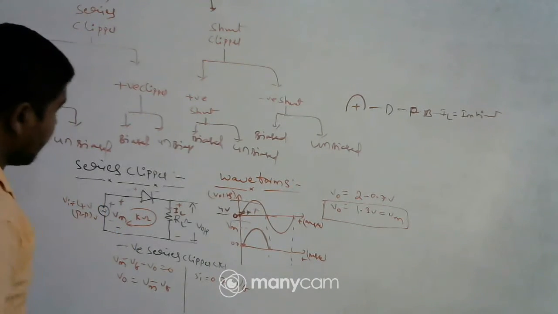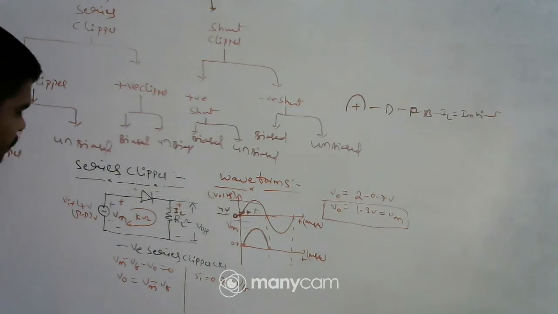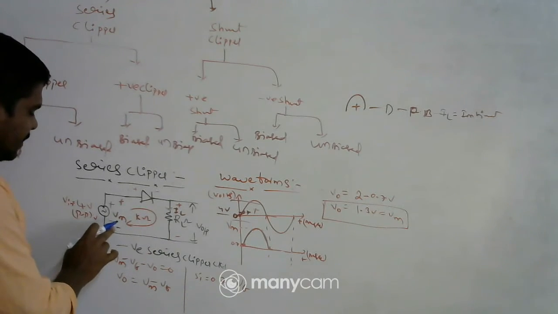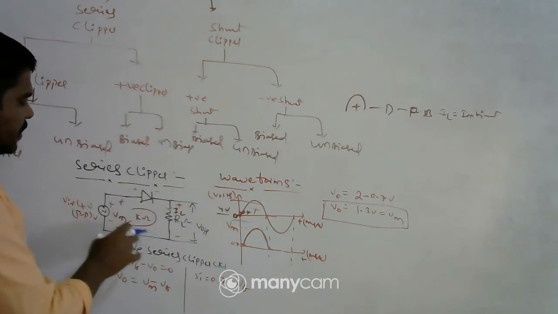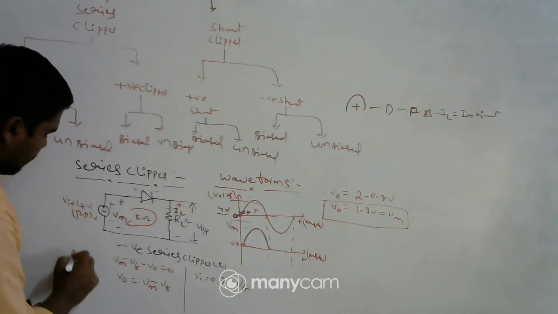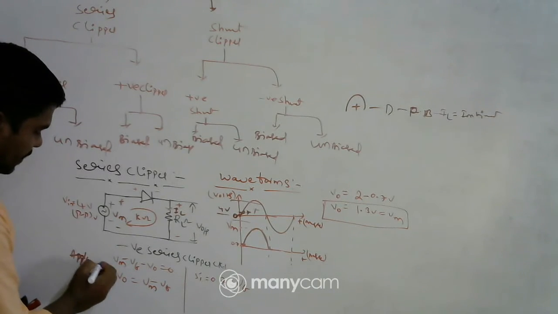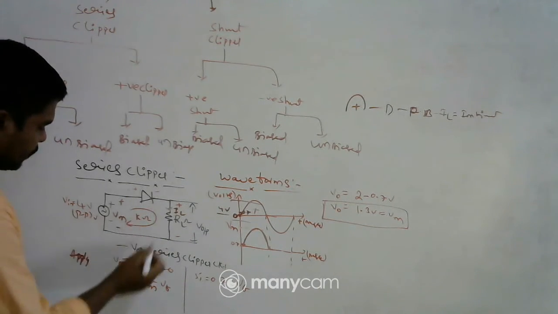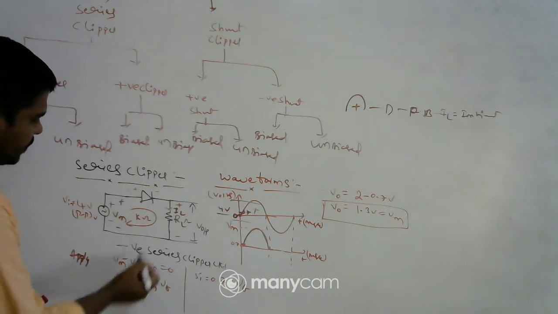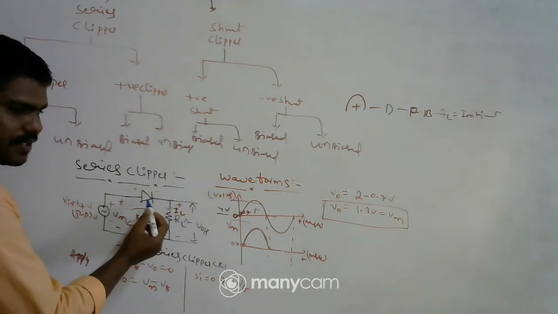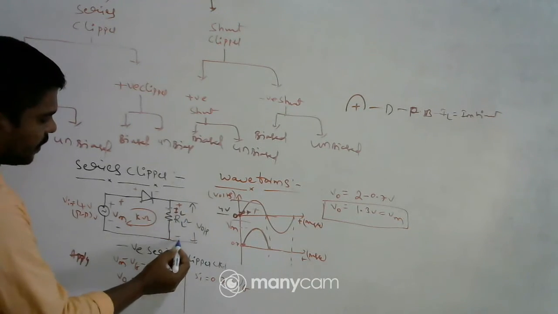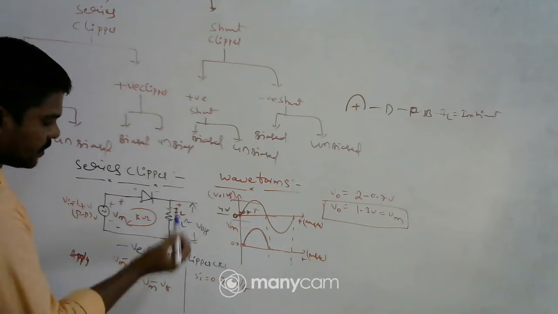The next one: if you apply KVL here, starting from the current direction, from positive to negative, in the circuit, plus Vm, and here we consider the cutting voltage of this silicon diode, minus Vf, and the output is V naught equal to 0.